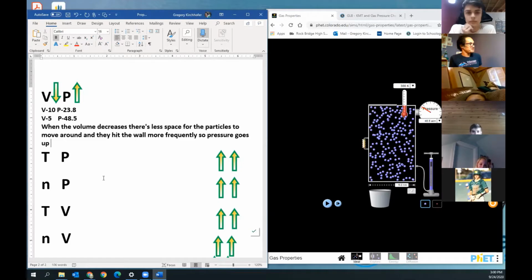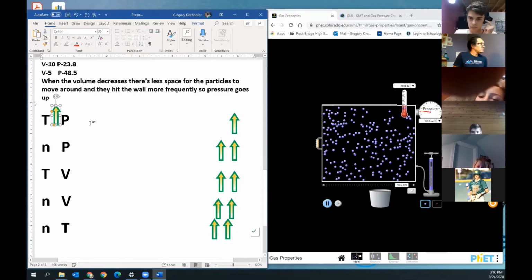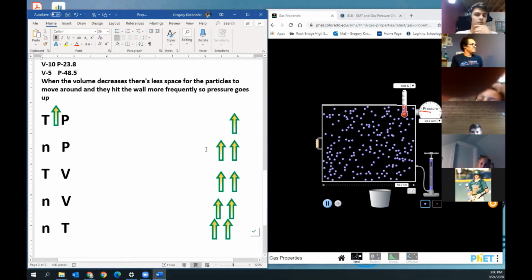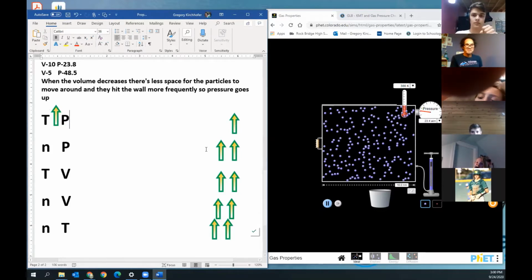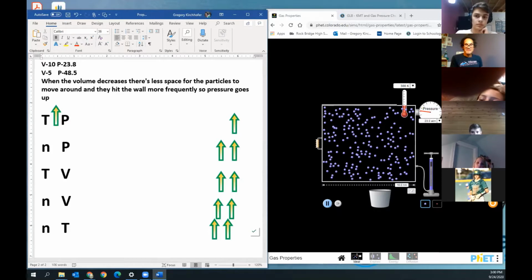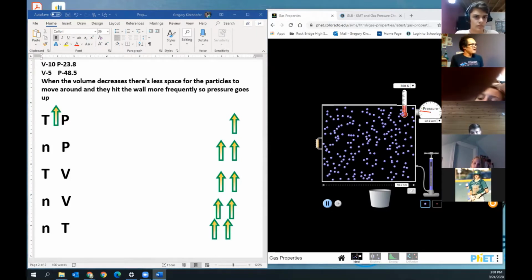All right, let's look at the temperature pressure relationship. So if we increase the temperature, what do you think is going to happen to the pressure? It will increase. Excellent. How come?